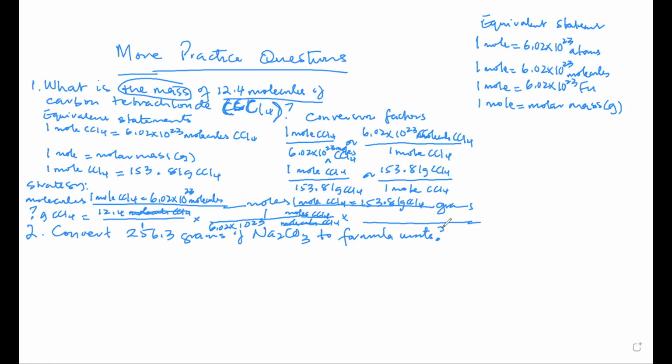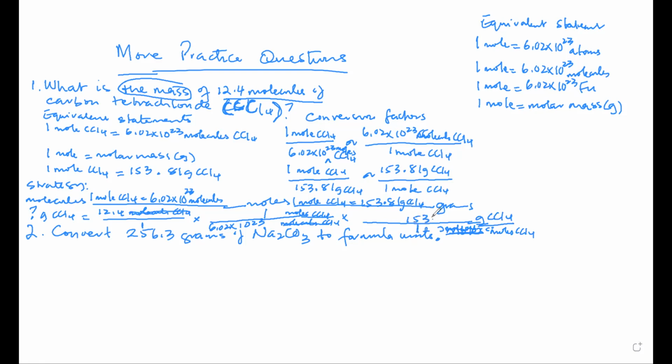Then we have moles, sorry, I have to cross it out. It's moles of carbon tetrachloride over grams of carbon tetrachloride. So here we have mole is 1.